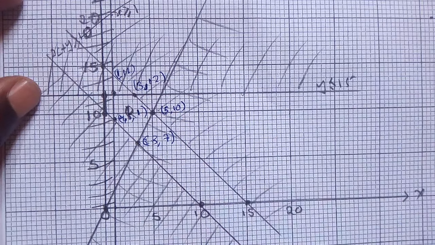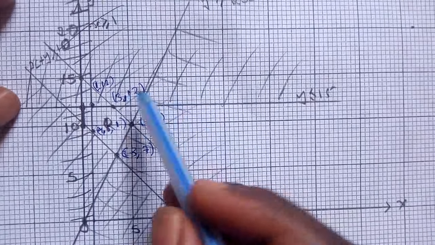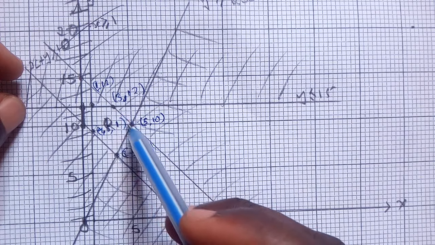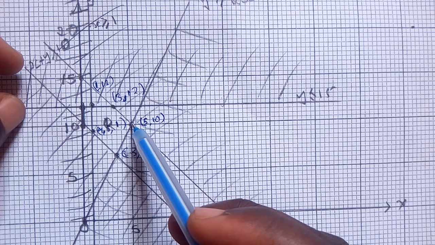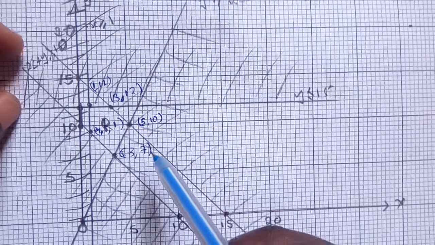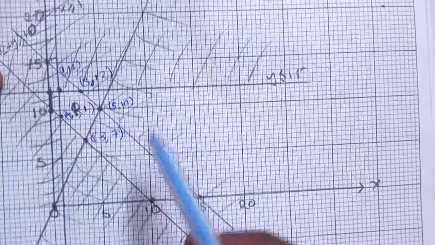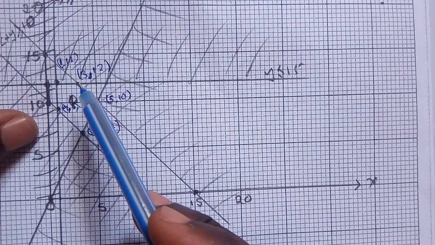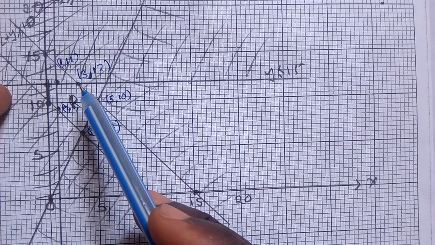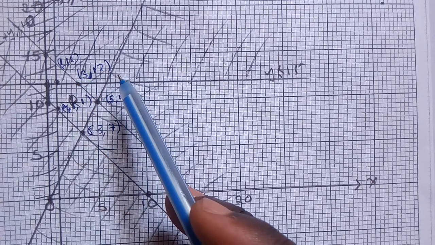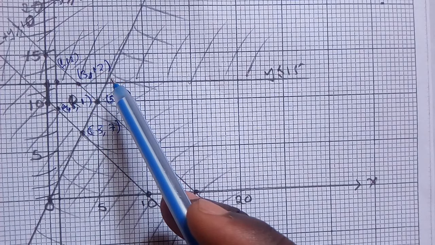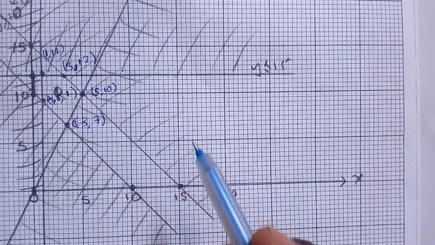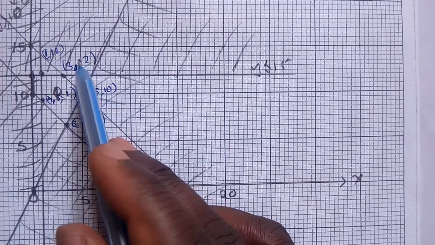All these coordinates, you go to this one and this one. I think they're the ones that can give us the maximum profit, because it has moved to the x-axis and it has moved to the y-axis. Even this one, you try to check which one has made very high movements. So I'll just get this and this.